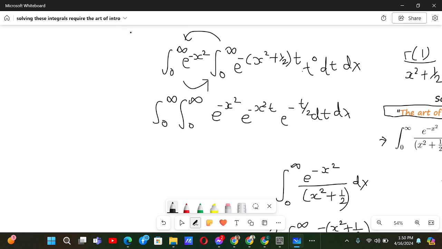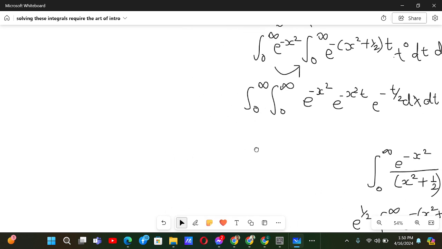And because we have changed the order of integrals, now I should write it as dx dt.